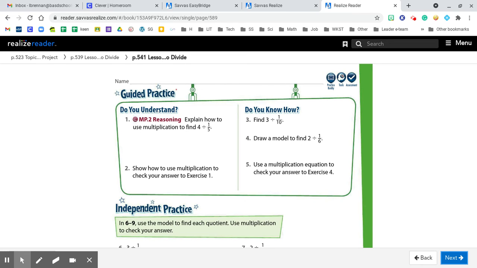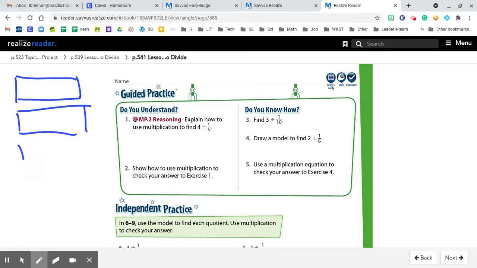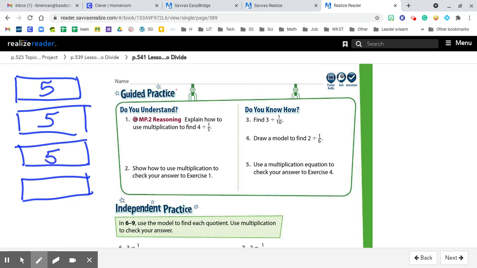Explain how you use multiplication to find 4 divided by 1/5. Well, if I've got 4 and I want to see how many fifths I have altogether, I know each one can be divided into 5 fifths. So altogether, I would have 20. That's using shapes.